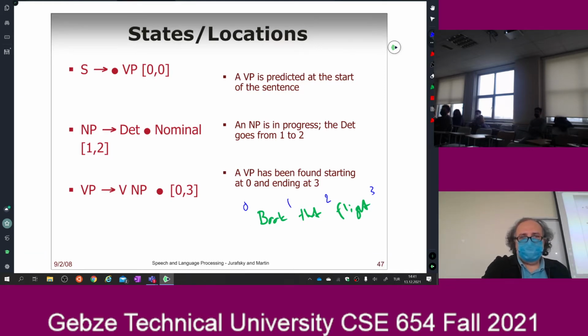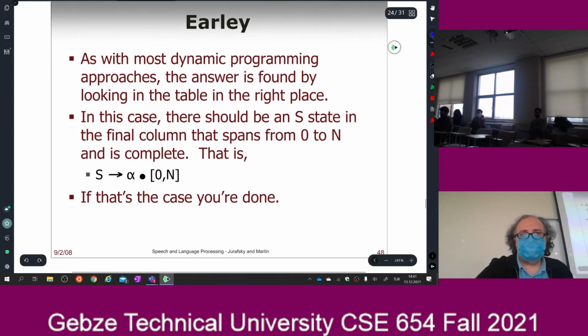Maybe between 1 and 2, I have seen a determiner. Now I am predicting a nominal. And between 0 and 3, okay, verb phrase, verb and noun, I observe the verb phrase, okay? So these are the three things. Again, this is dynamic programming.